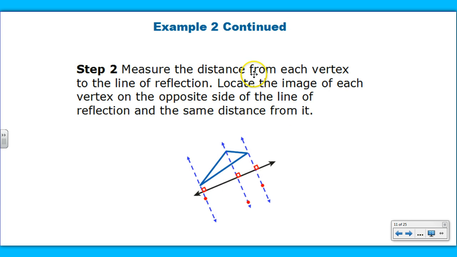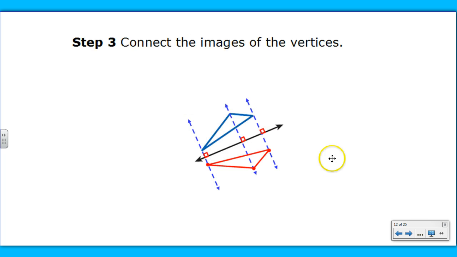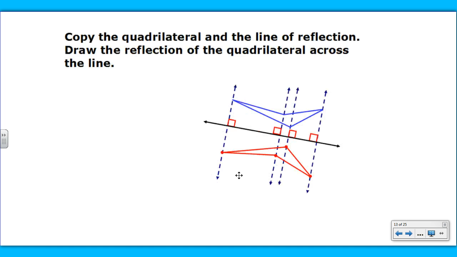So you can measure the distance from each vertex to the line and then measure across the same distance from the line on the opposite side of it, right? So here we have those 3 vertices, the points for them given. And then we would just connect the images of the vertices. So hopefully you did this already in the first slide on step 1.